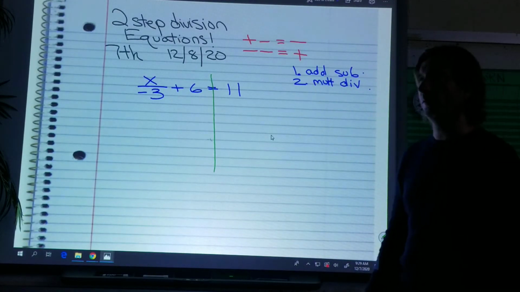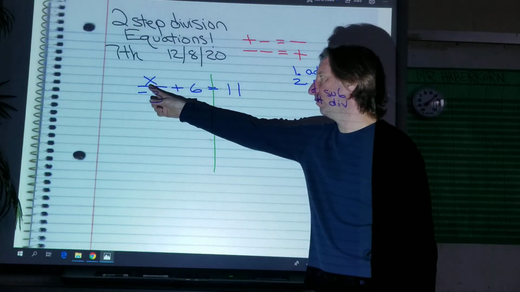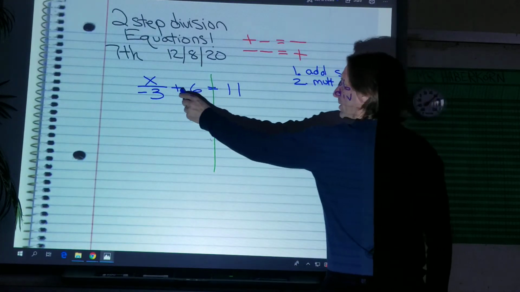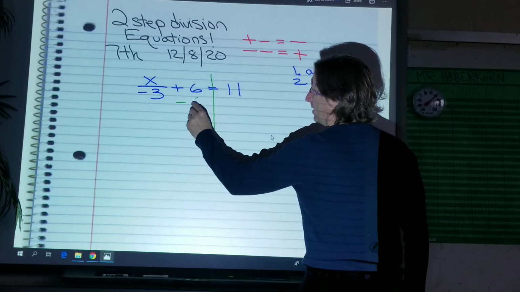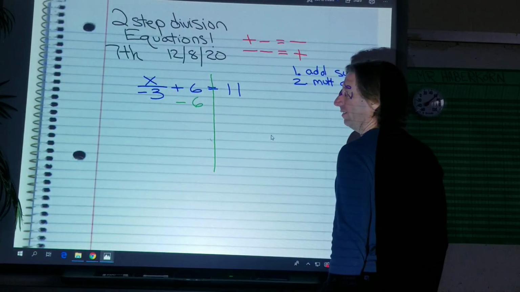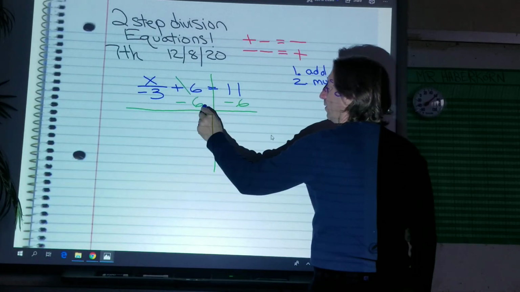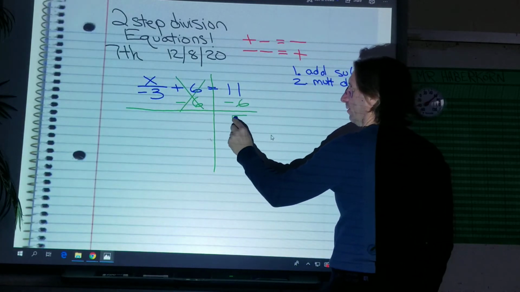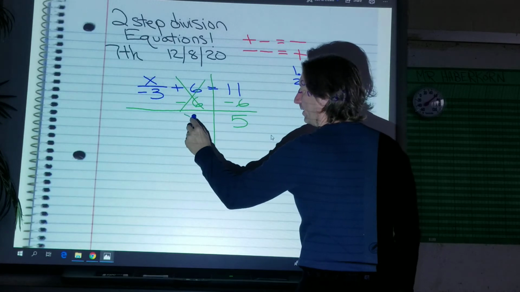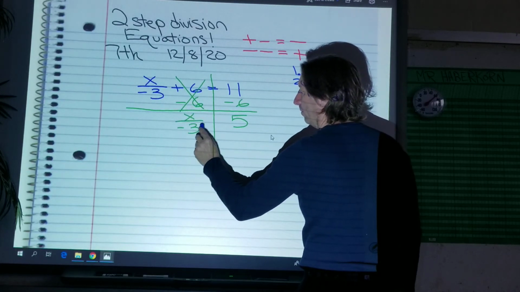So remember, my goal is to get this x by itself, right? So the opposite of plus 6 is minus 6. We do the one farther away first, right? Subtract 6 on this side. Let's cancel out. We get 5. And I still have x divided by negative 3.